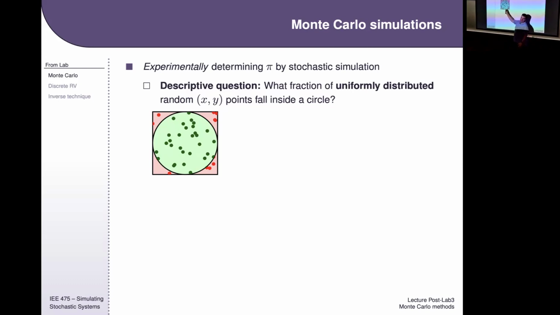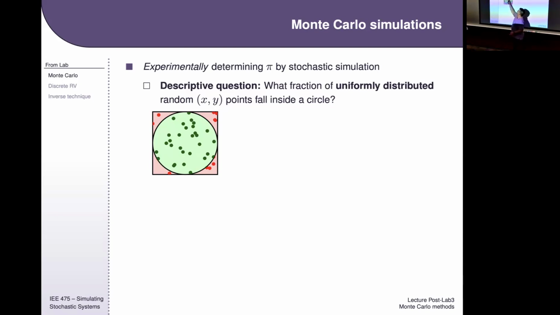And if you threw enough of them, then you know the area of the square around it. And so the fraction of those that land inside the circle relative to the square, well, you know that the area of the circle is pi r squared. Well, the area of the square is 4r squared, right?